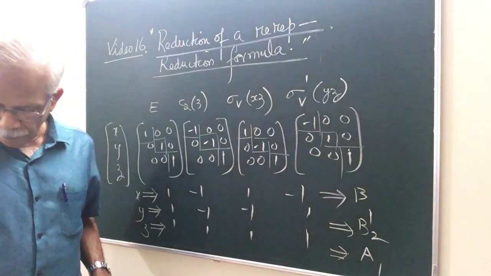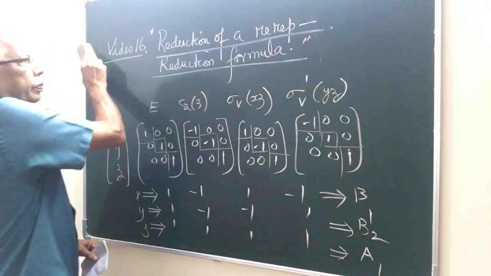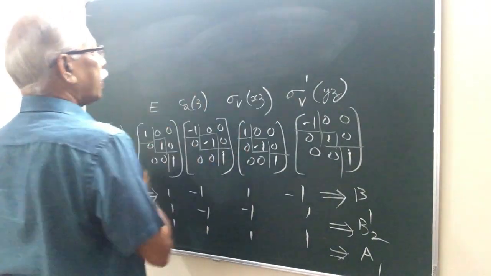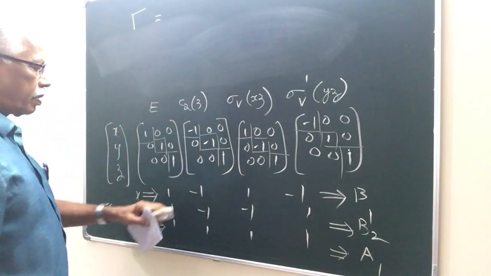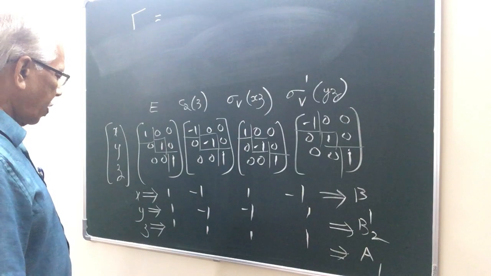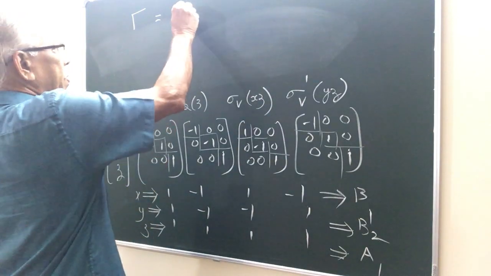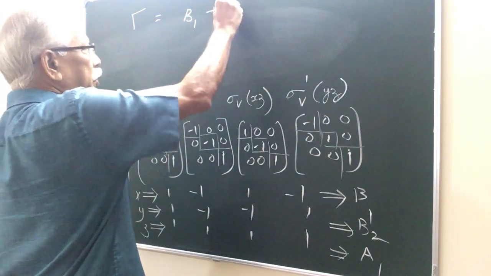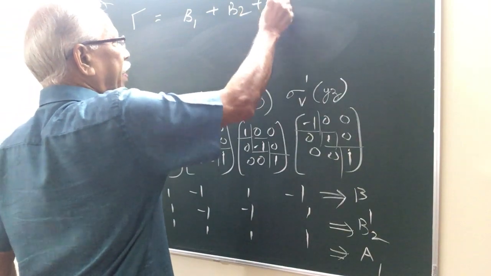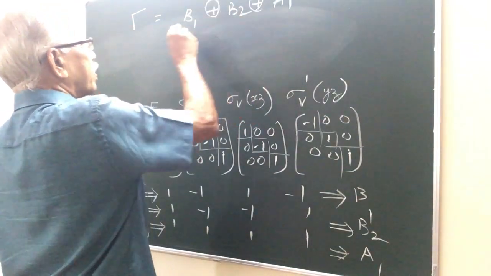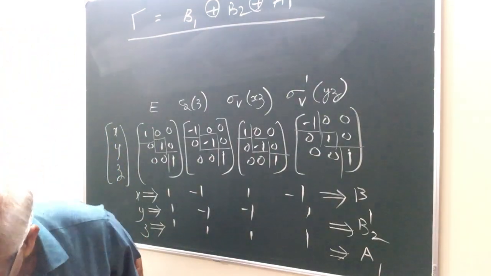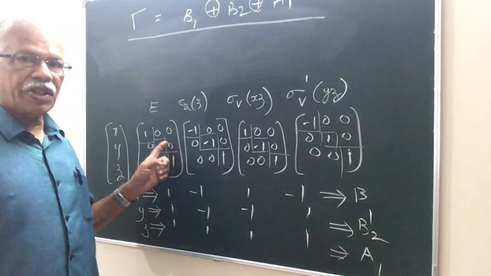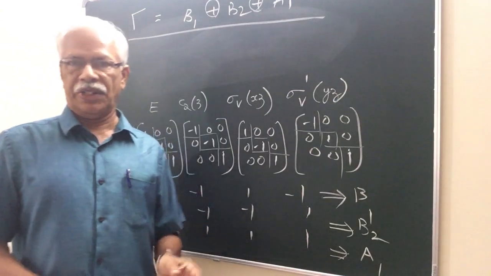We say that the reducible representation denoted by gamma is broken into three components: B1 plus B2 plus A1. Such visual factorization is possible if the reducible representation is similarly block factored.